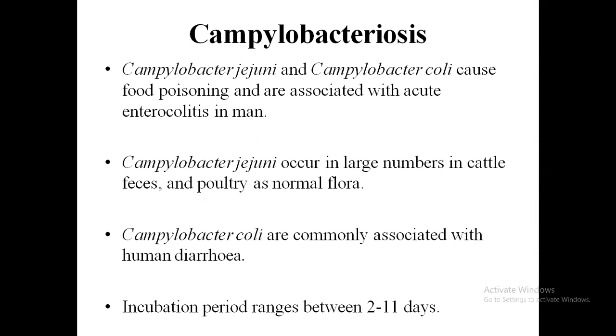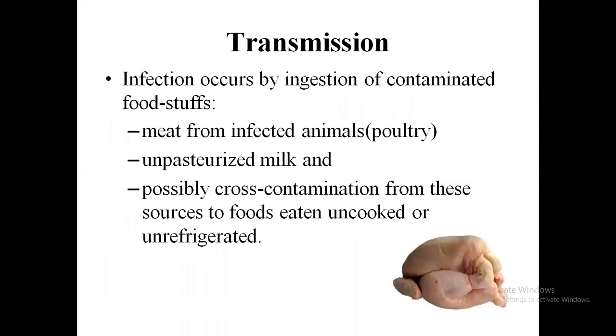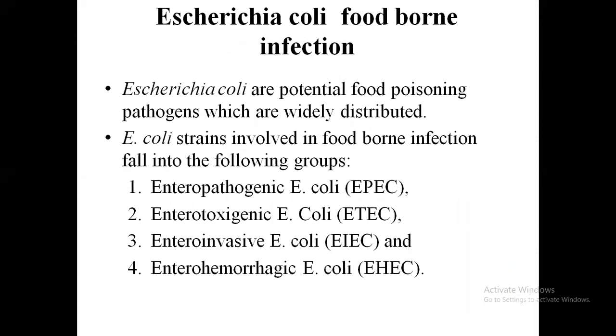The second disease is Campylobacteriosis, caused mainly by Campylobacter jejuni and coli. It occurs mainly in cattle, feces, and poultry as normal flora that can infect human beings. The clinical features are almost similar, and transmission is mainly by poultry and unpasteurized milk.